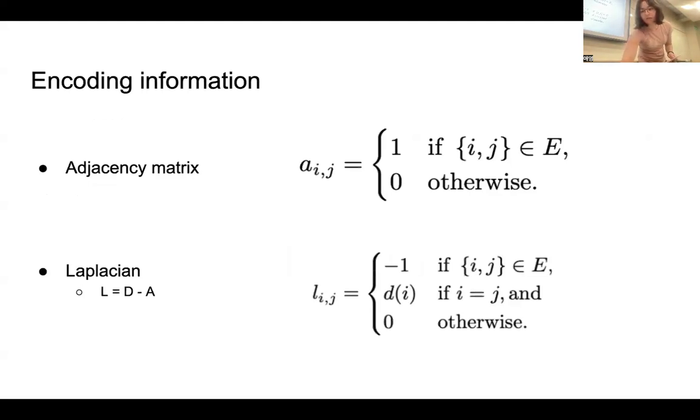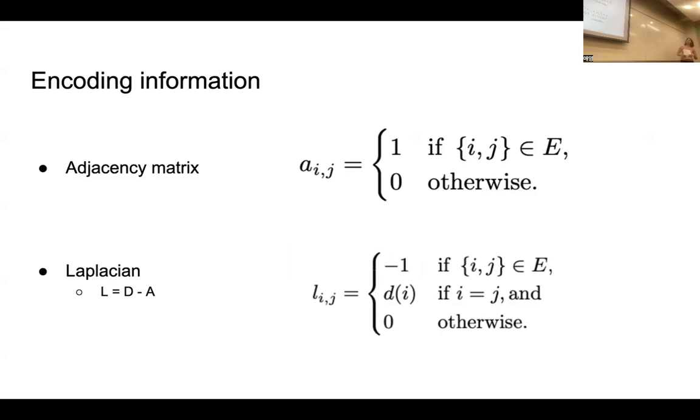Okay, so let's go a little bit deeper into encoding information based on matrices. We already went over the adjacency matrix for this graph. And a matrix that encodes a lot more information, but is a little bit less intuitive to derive, is the Laplacian, which is defined as: each of the matrix elements is -1 if those two vertices are connected.